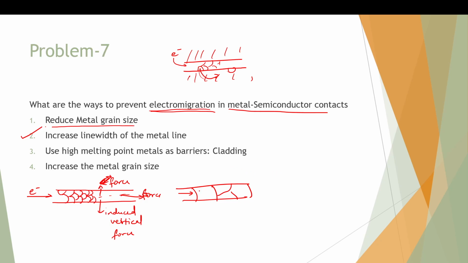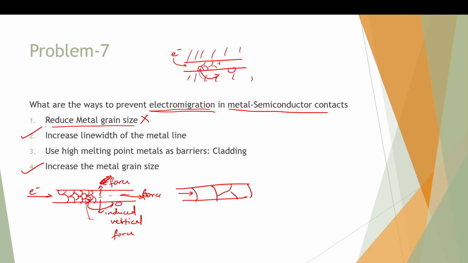Because of that, if we reduce the metal grain size, it is easier to knock off one of these grains and put it somewhere else, or knock it off completely. Because of this induced vertical force, it is preferred to have bigger grain size. So reduced metal grain size is definitely not an option. Increasing the metal grain size is an option.